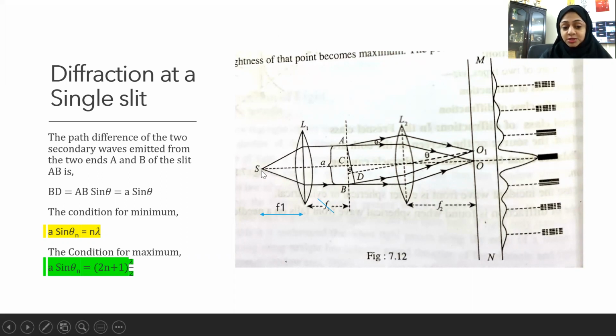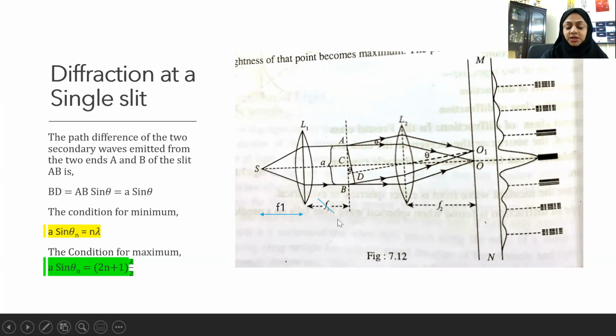Now, if you keep the source of light at the focal length of this lens L1, we can get the light rays parallel, because when the light rays coming from a focus or principal focus of a lens pass through the lens, the light rays coming out will be parallel to each other. Here in your textbook, they have written the distance between the lens L1 and the aperture or the slit as F1.